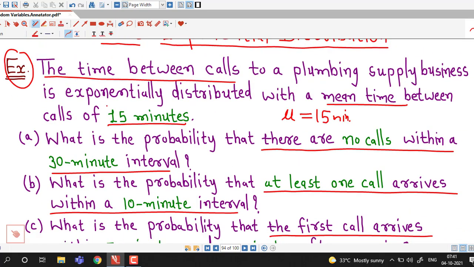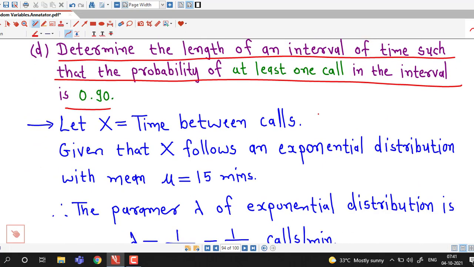So first we write down what our random variable is. It is already given that the time between calls to a plumbing supply business is exponentially distributed. So this time between calls is an exponential random variable with mean mu equal to 15 minutes. So here we have written that let capital X equal time between calls.